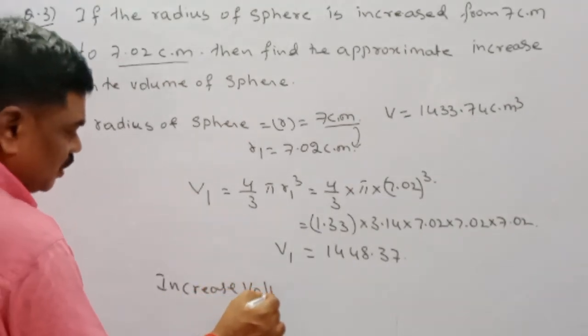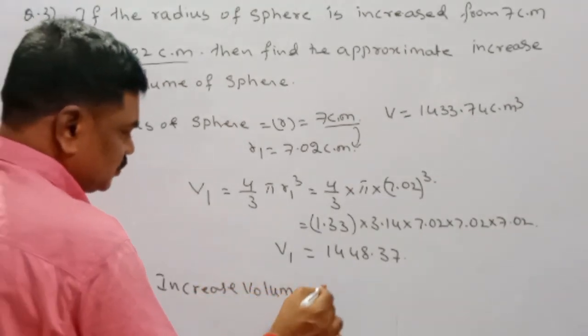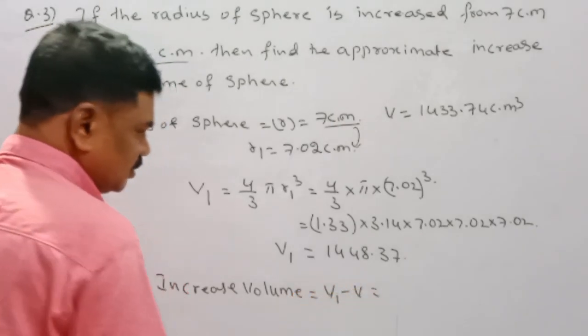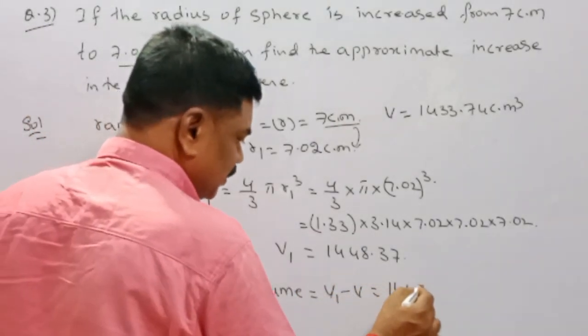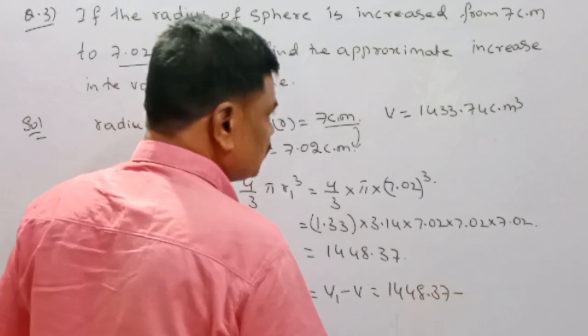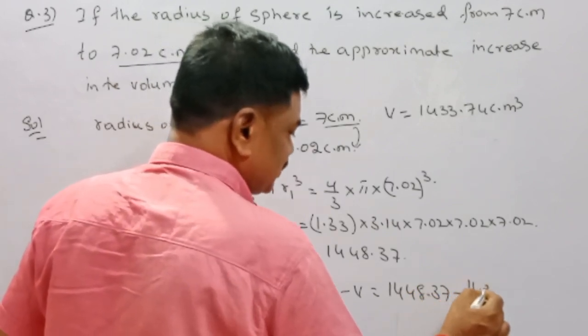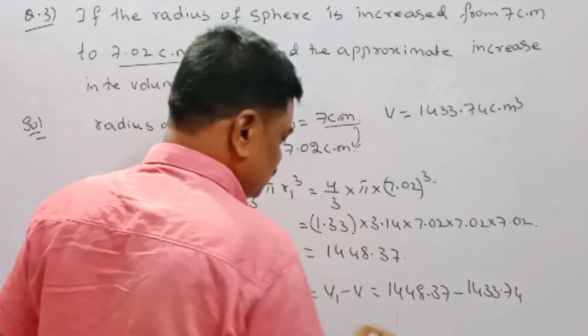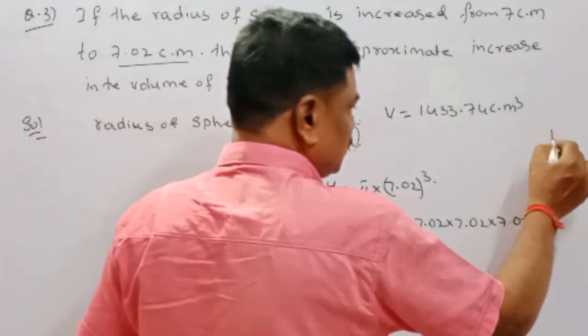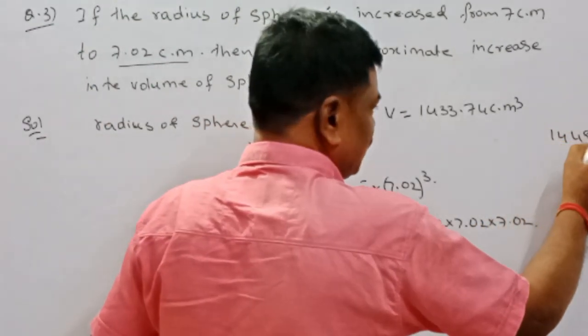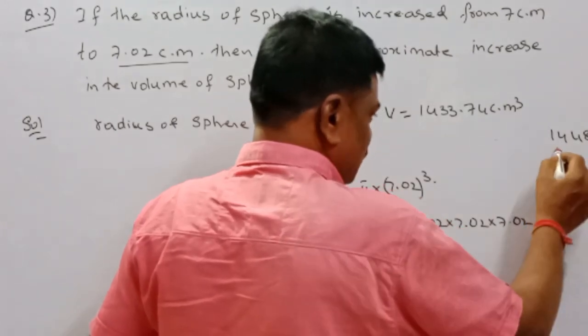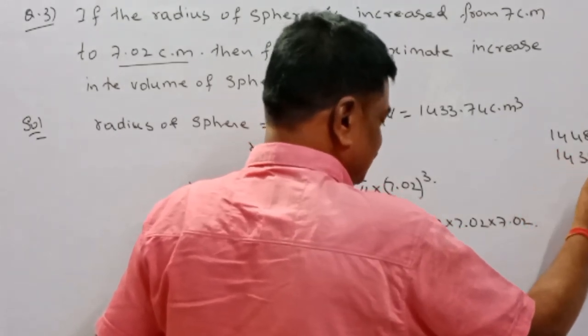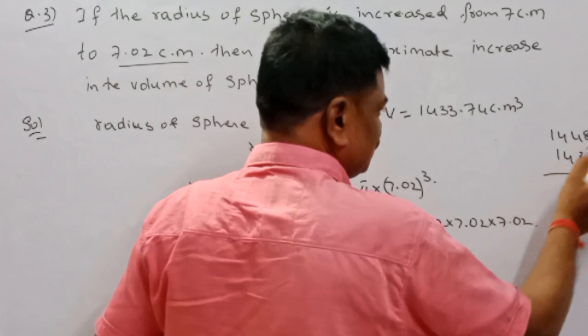Increased volume is equal to V1 minus V. This is 1448.37 minus 1433.74. So 1448.37 minus 1433.74.